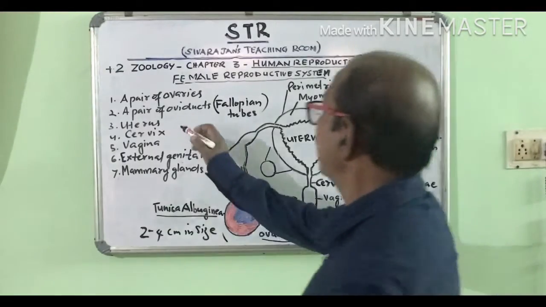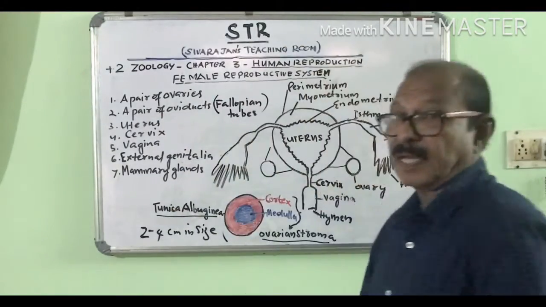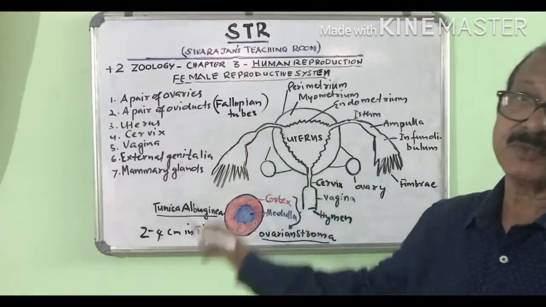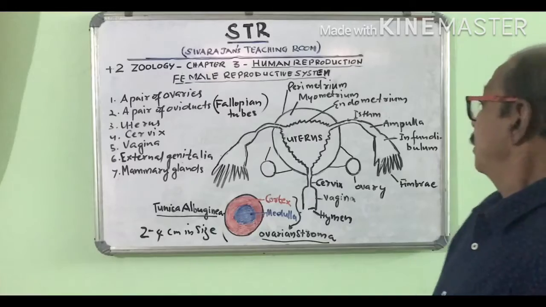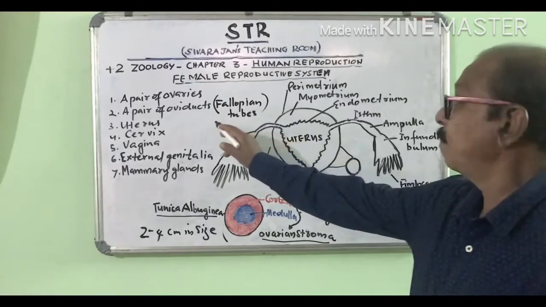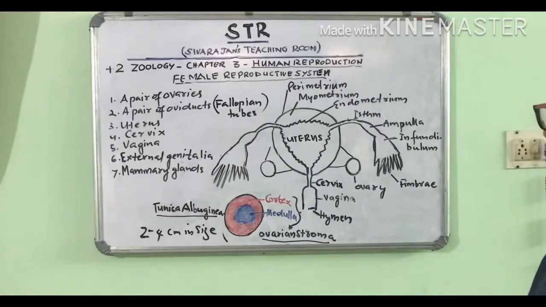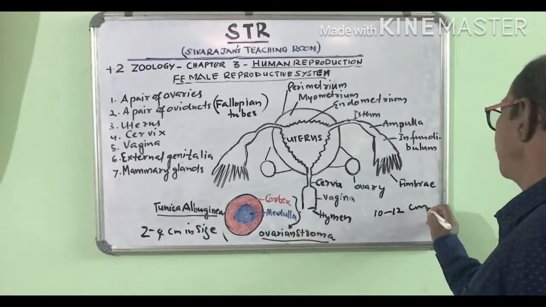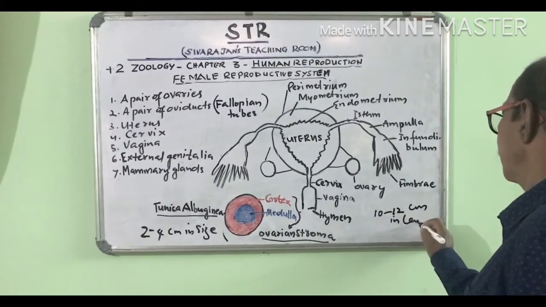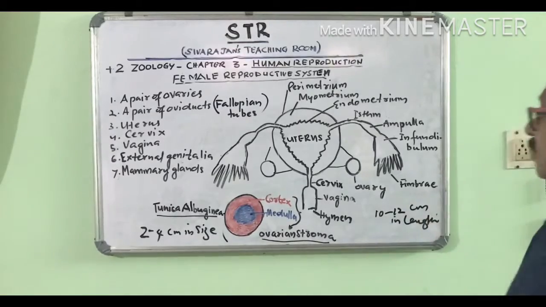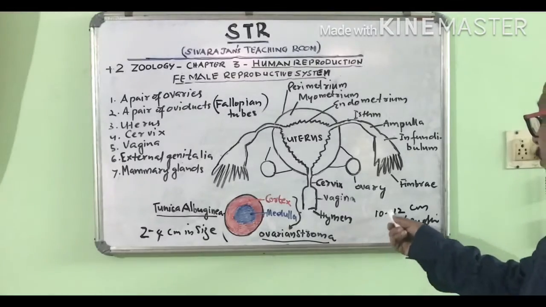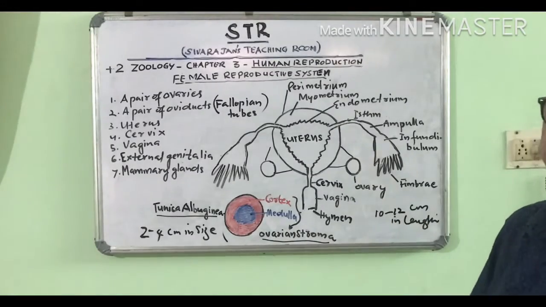Now we will see the oviducts. A pair of oviducts. The oviducts are also called fallopian tubes. The oviduct is 10 to 12 centimeter in length.